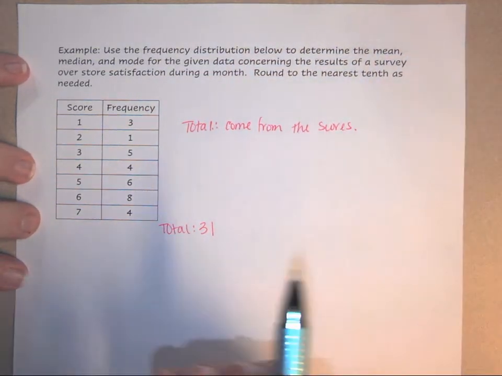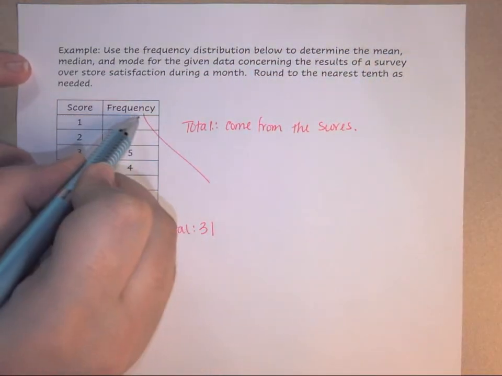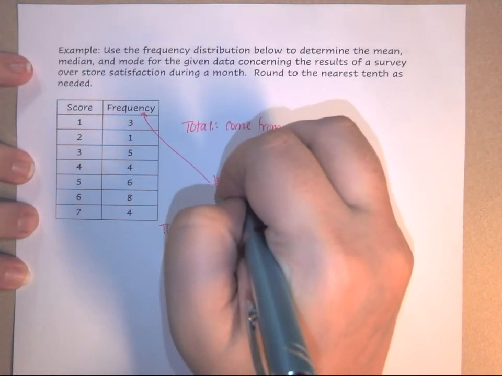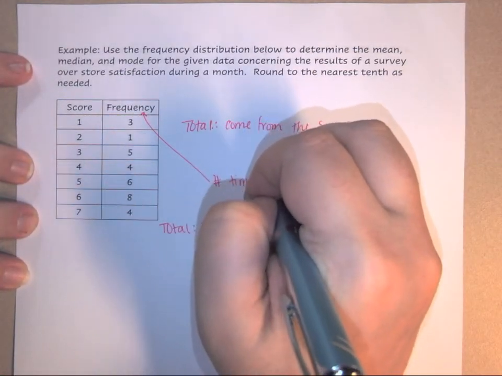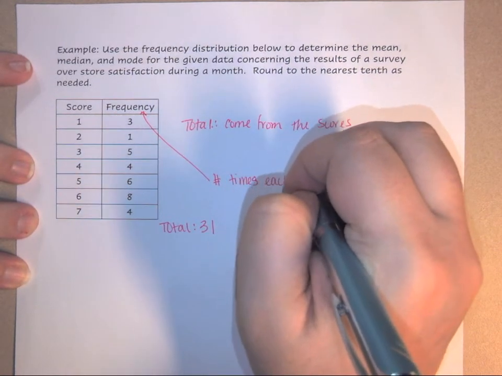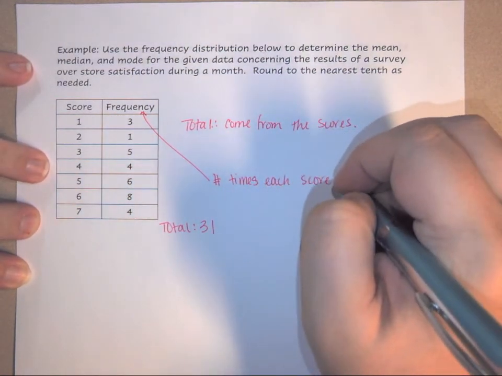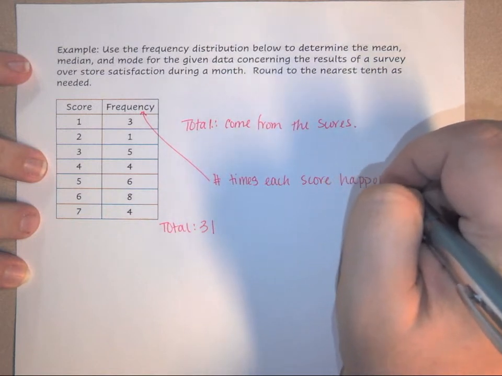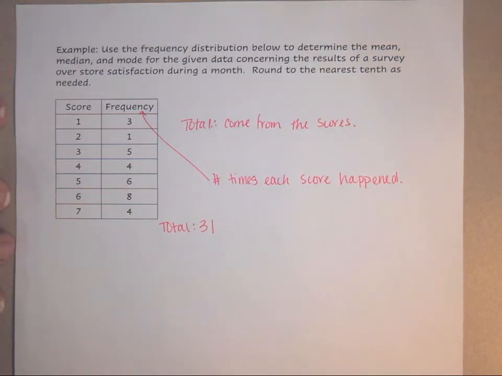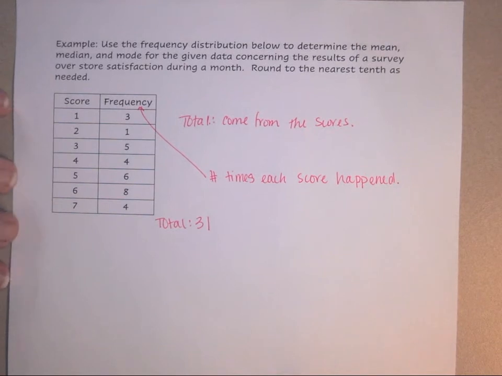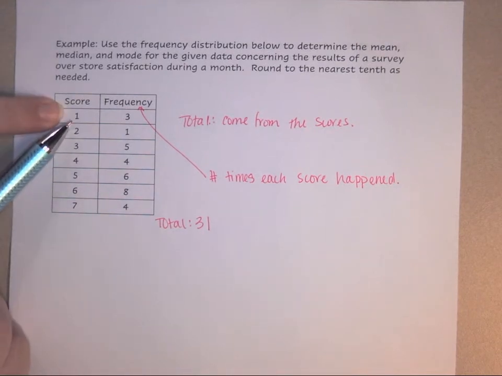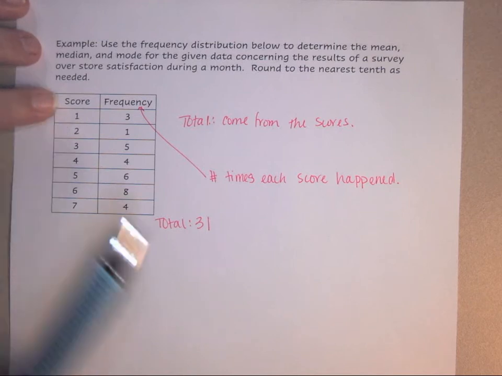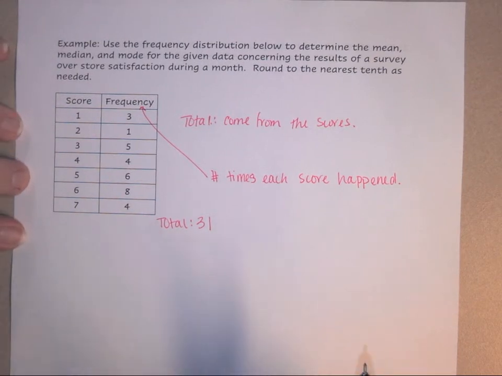So what that means is that my frequency here is telling me the number of times each score happened or occurred. So in this case, a score of 1, well, I had that happen 3 times. So this is 1 plus 1 plus 1, and so on and so forth.